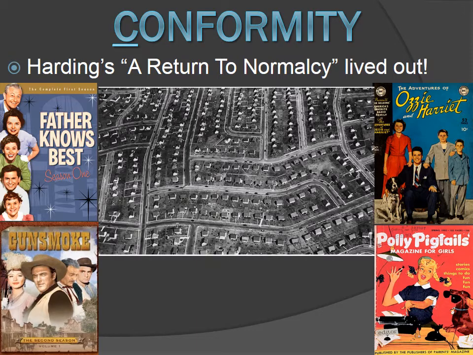You also see during this time period cookie cutter houses that are going to be made, and probably the first community that's going to be well known is Levittown. And you're going to have the Levitt brothers in New Jersey. They're actually going to be responsible for creating these cookie cutter houses where all these houses look the same.